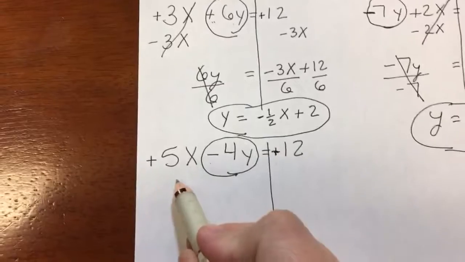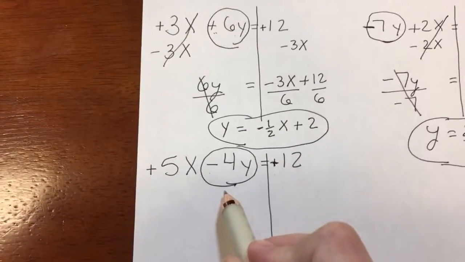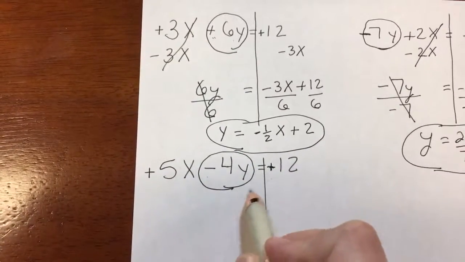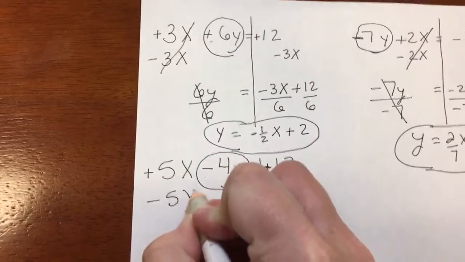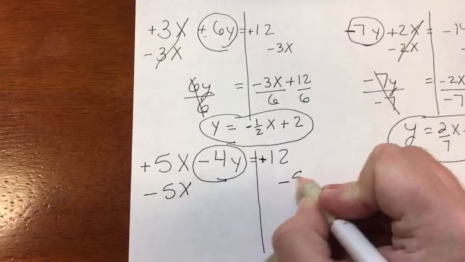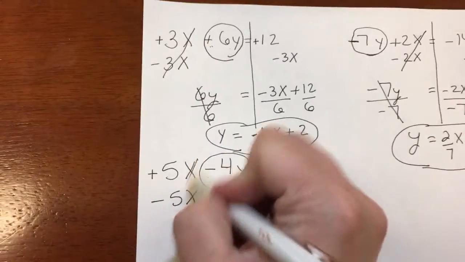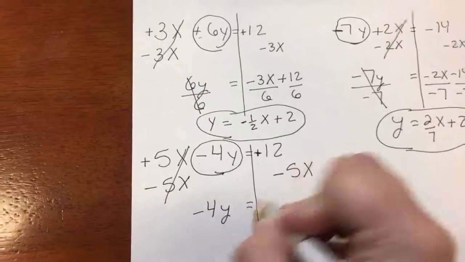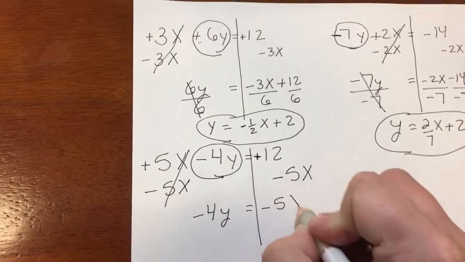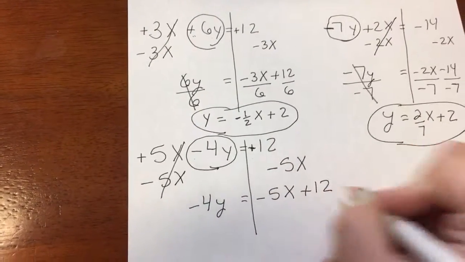So I have positive 5x minus 4y, and it's equal to a positive 12. I'm going to move my 5x over by subtracting it, which is doing the opposite operation. That makes 0. So I'm left with negative 4y is equal to negative 5x plus 12.